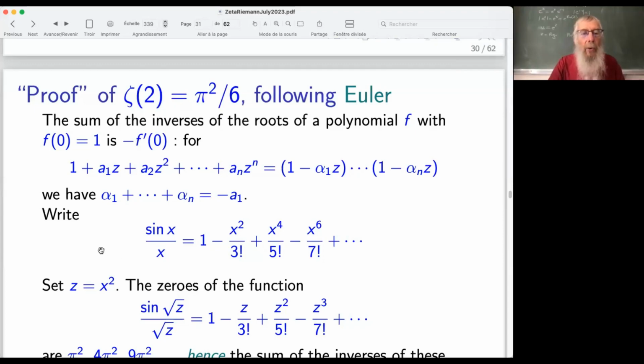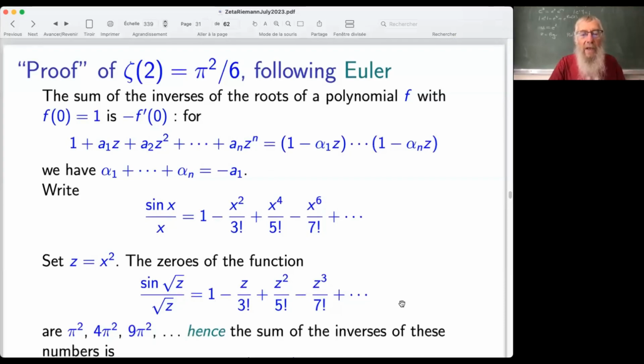And so if you consider the function sin x over x, you can write it as 1 minus x squared over 6 plus x to the 4 over 5 factorial, plus and so on. And if you replace x by the square root of z, you have sin of the square root of z over the square root of z, which is a good series in z. And if you look at the zeros of this function, you have pi squared, 4 pi squared, 9 pi squared.